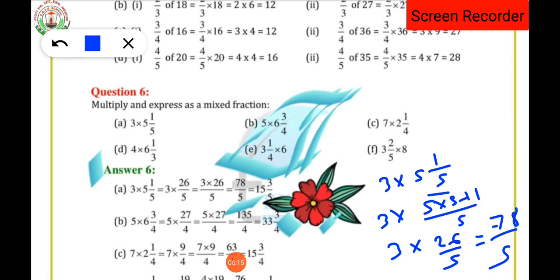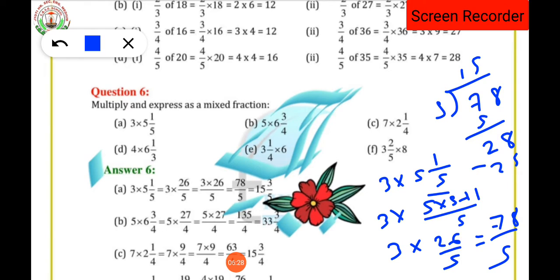Okay, now 78 upon 5 we have to change into a mixed fraction form. So divide it and see. So here 5 ones are, okay, here what is left? 2 is left, 28, 25, 5 threes are here. 78 is divided, isn't it?